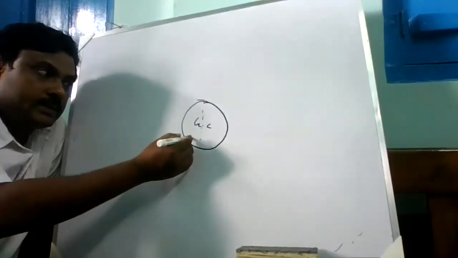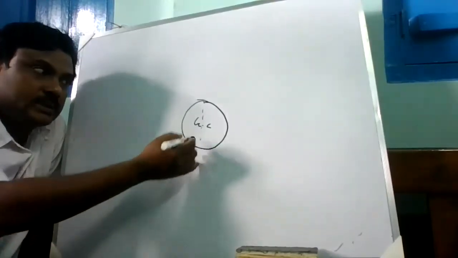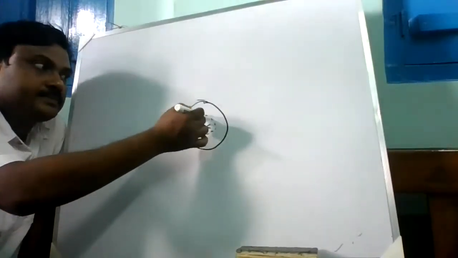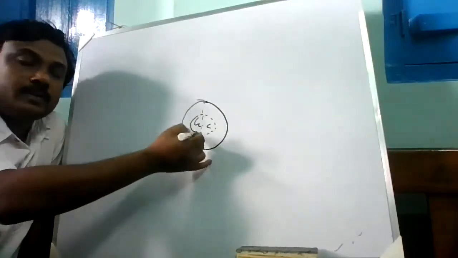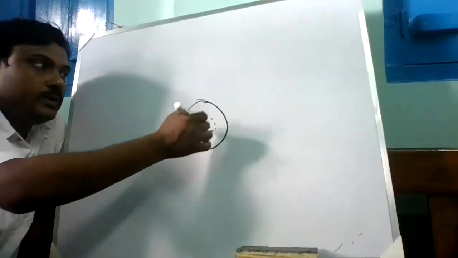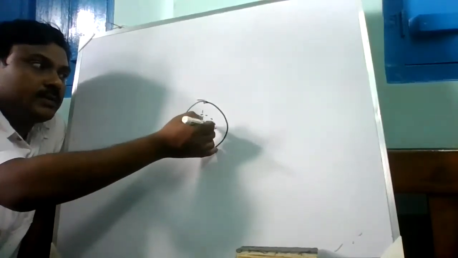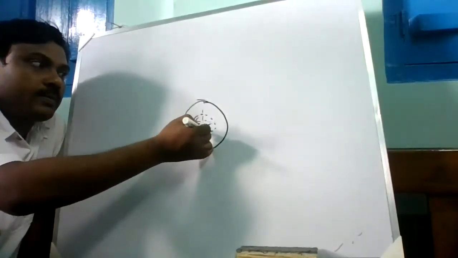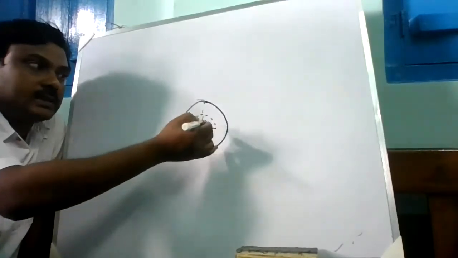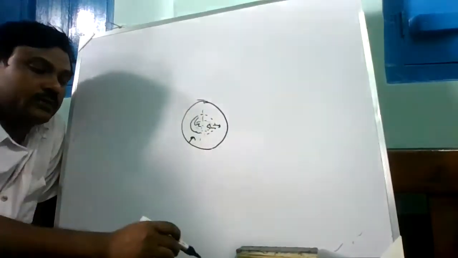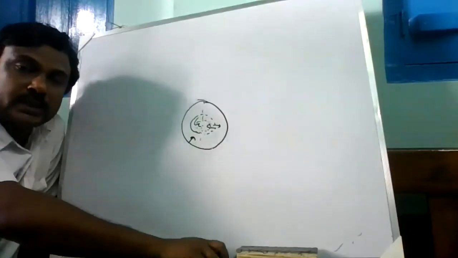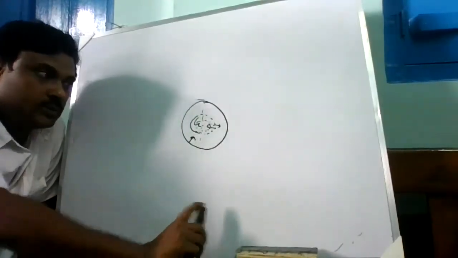Here the density is increasing towards the center. Then there is a hole, in which there is no density of stars. There are no stars and the density of matter is very small. So we call this a hole.